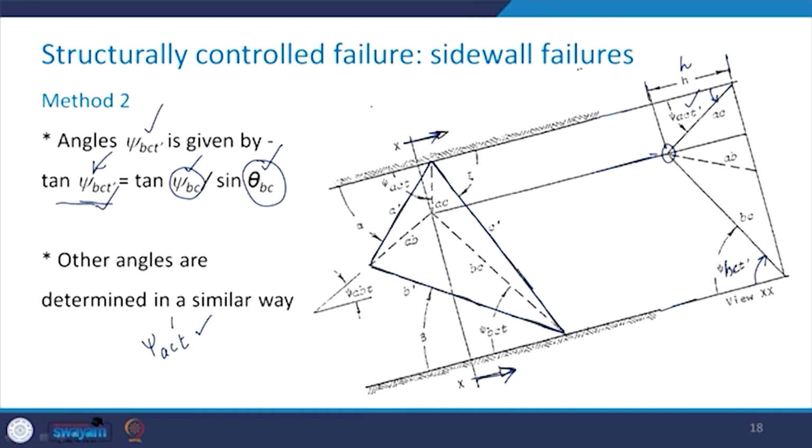So, these were the two methods for the determination of the size of the wedge which can be formed in the side wall of the tunnel and has the tendency to slide.